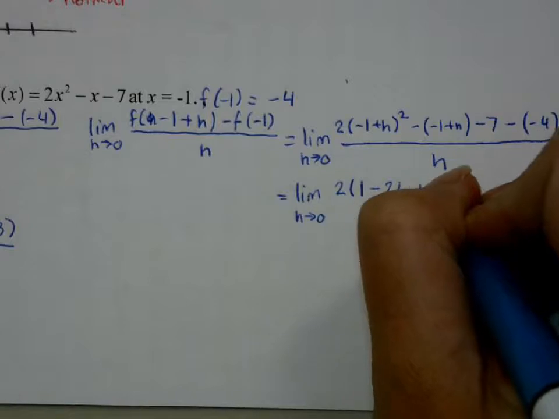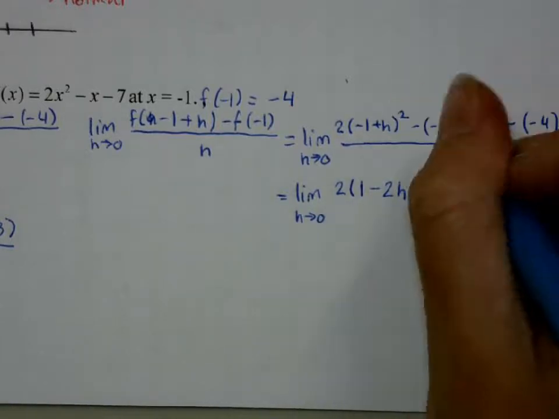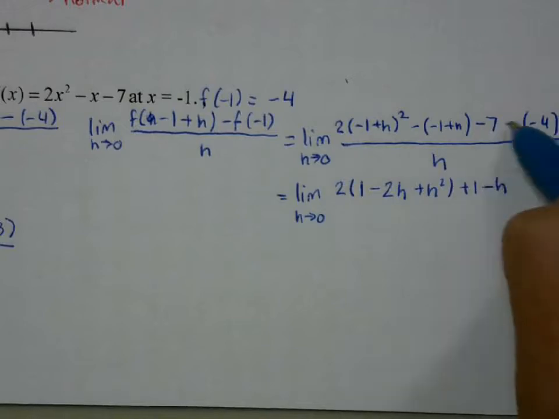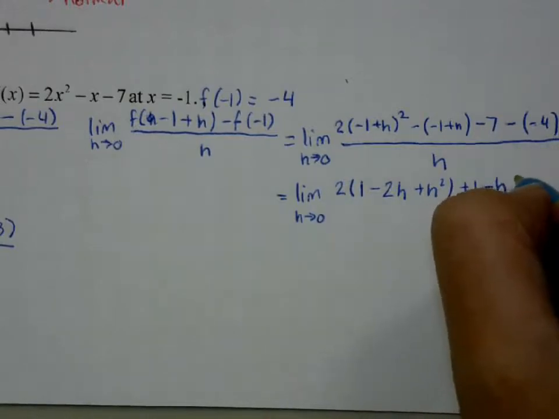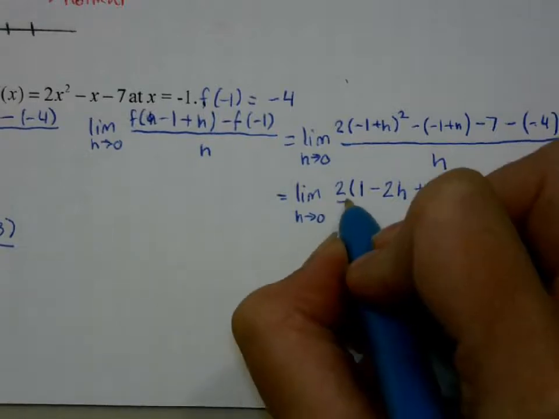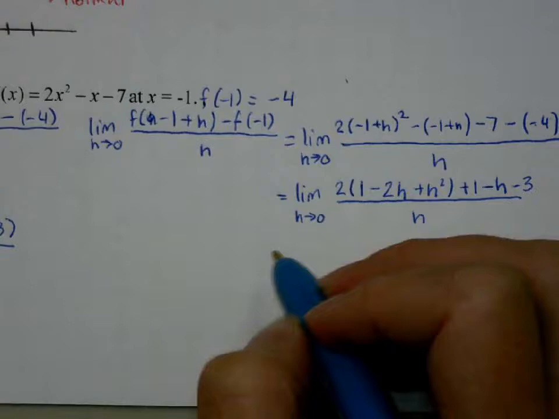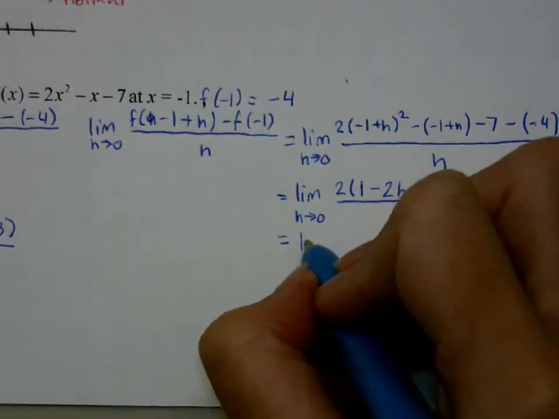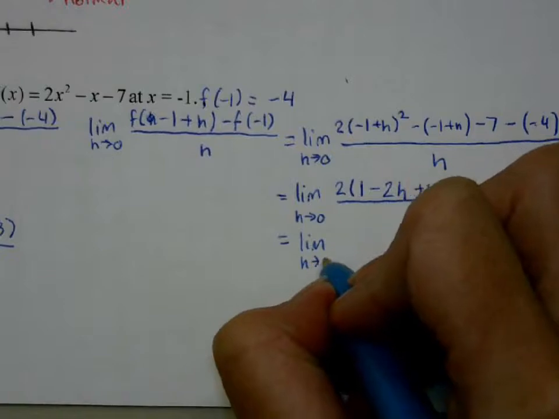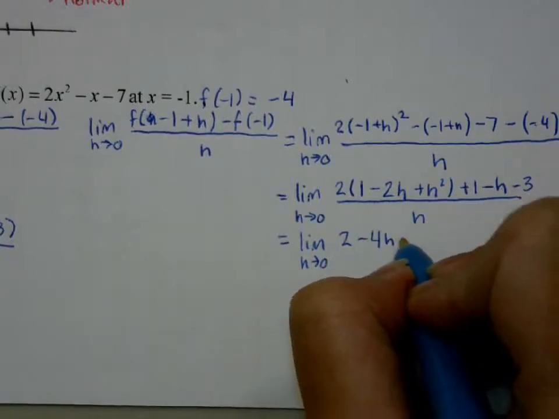And then negative 7 minus negative 4 gives me a negative 3. Okay, distribute through the 2. So 2 minus 4h plus h squared. We can go ahead and combine those. So minus h minus 2.